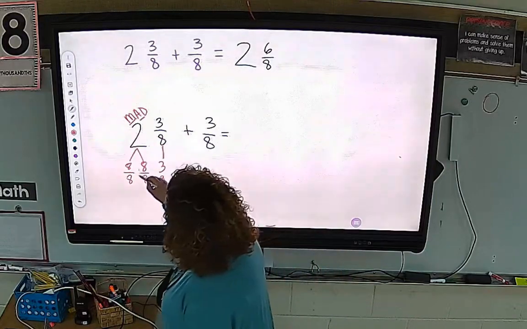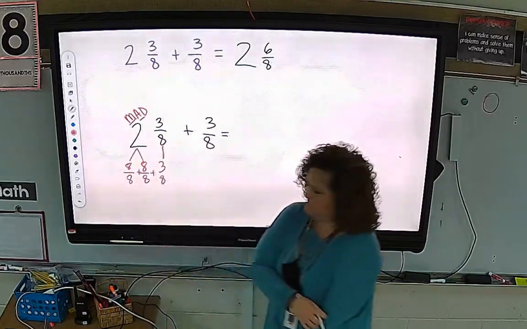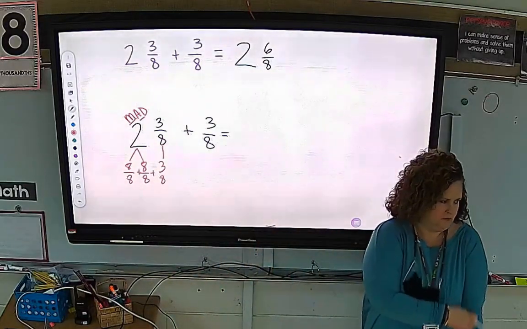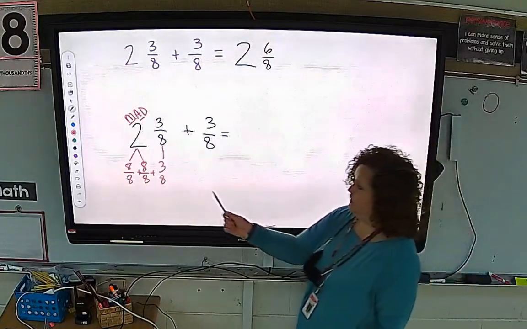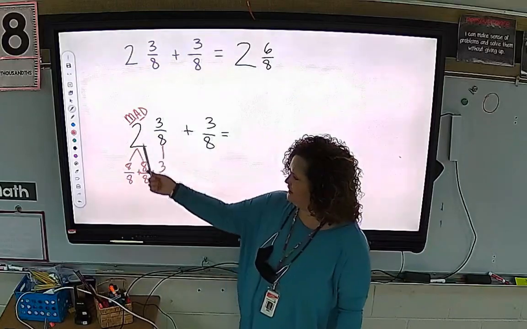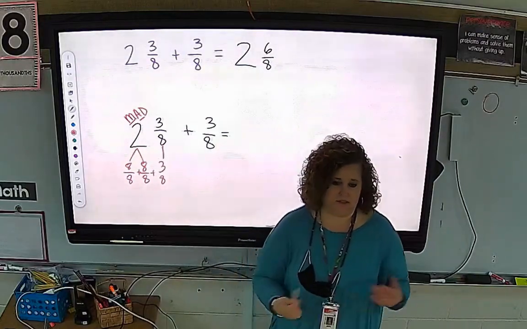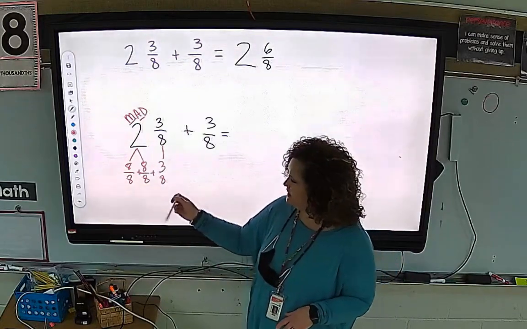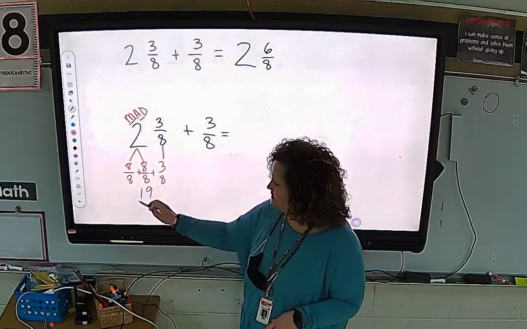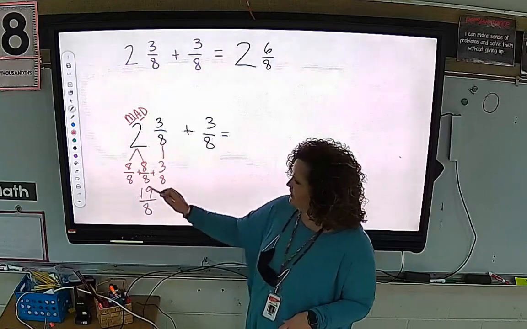Just add those together. You see what we got there? This is 8/8 and 8/8, or you could even go ahead and say it's 16/8. Okay. 16, 17, 18, 19, 19/8. We got the same thing when we did MAD.